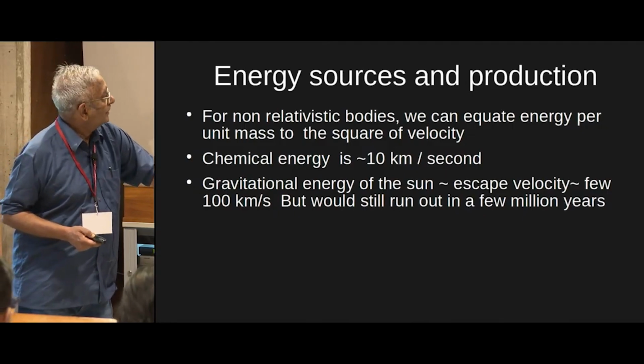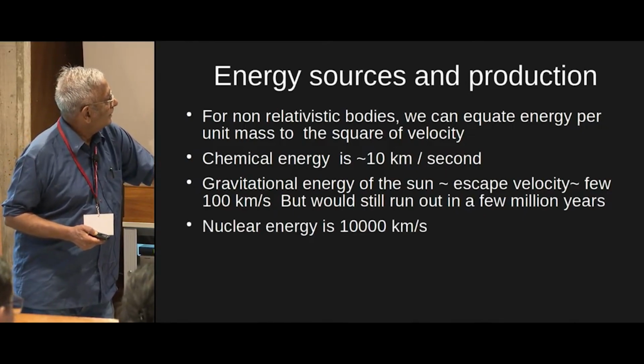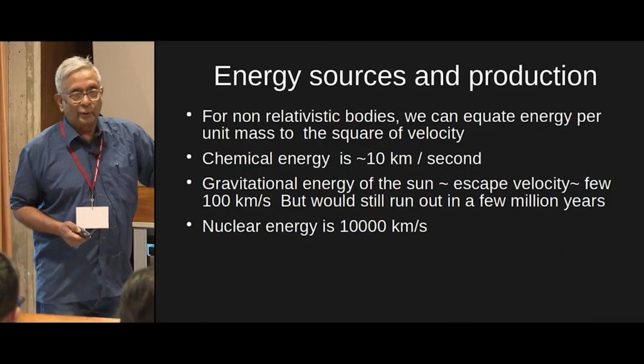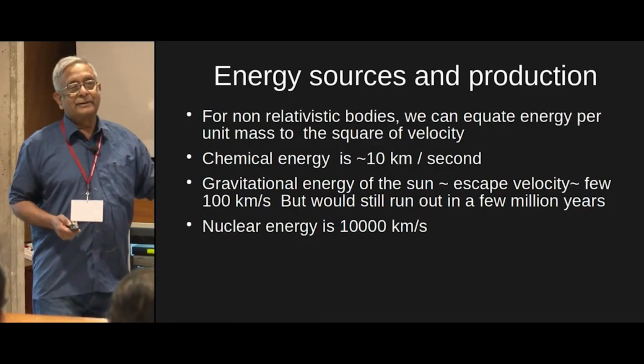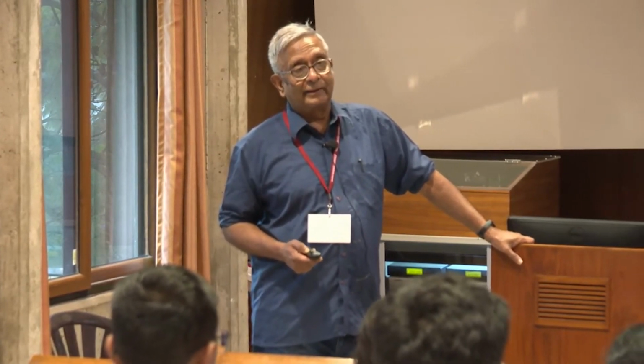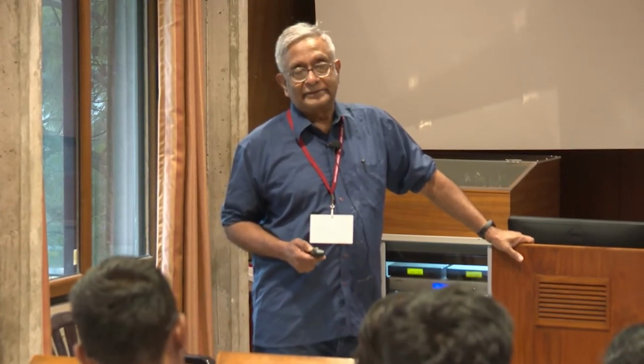And then, so now let's look at nuclear energy. Now, chemical energy is measured in electron volts. Nuclear energy is measured in mega electron volts. So, once you've gained a factor of 10 to the 6 in energy, you will gain a factor of 10 to the 3 in velocity. So, we are now talking of 10,000 kilometers per second as nuclear energy.